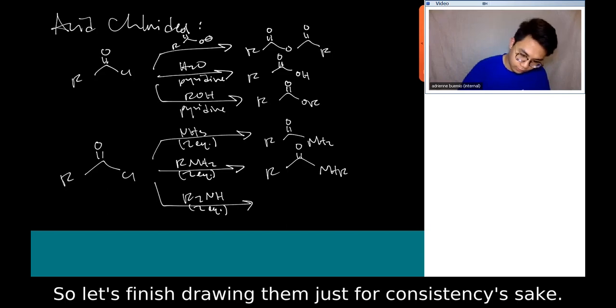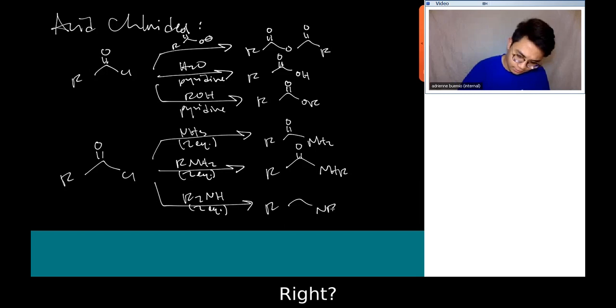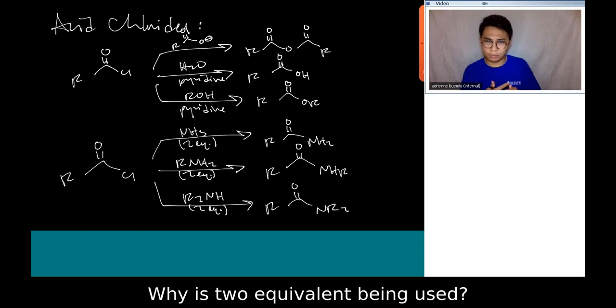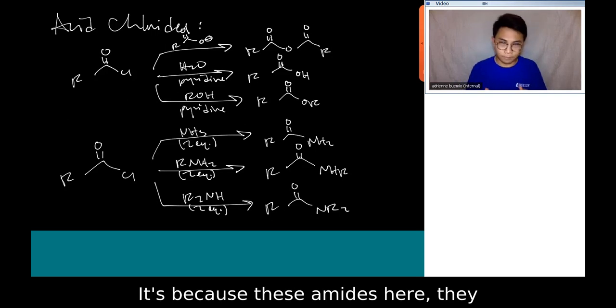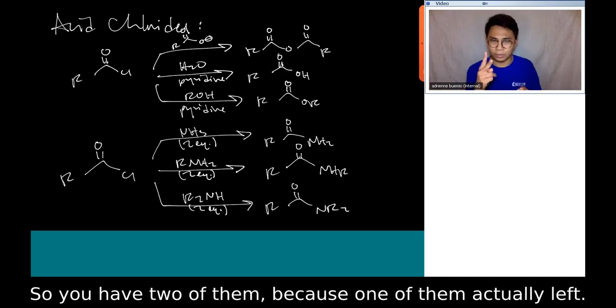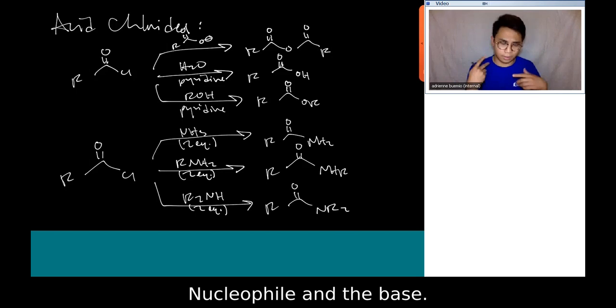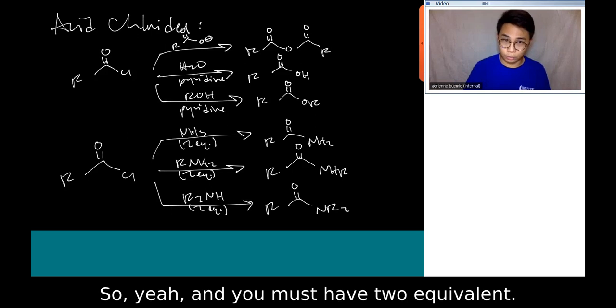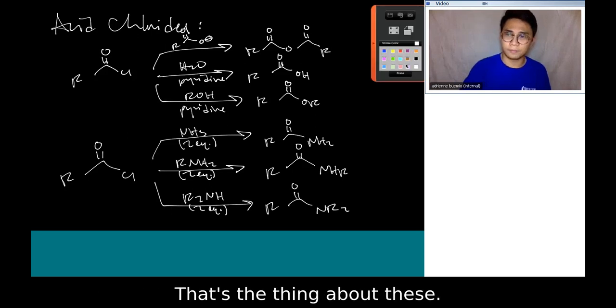So let's finish drawing them just for consistency's sake, right? Okay. And why 2 equivalent is being used is because these amines act as both the nucleophile and the base at the same time. So you have two of them because one of them acts as the nucleophile and the other as the base, right? So yeah, you must have 2 equivalent. That's the thing about these.